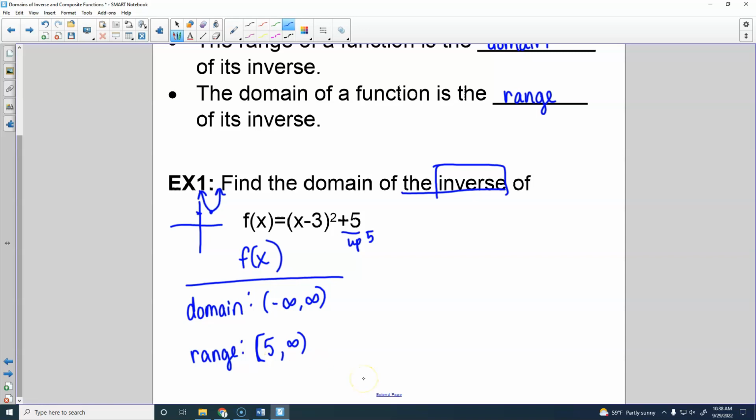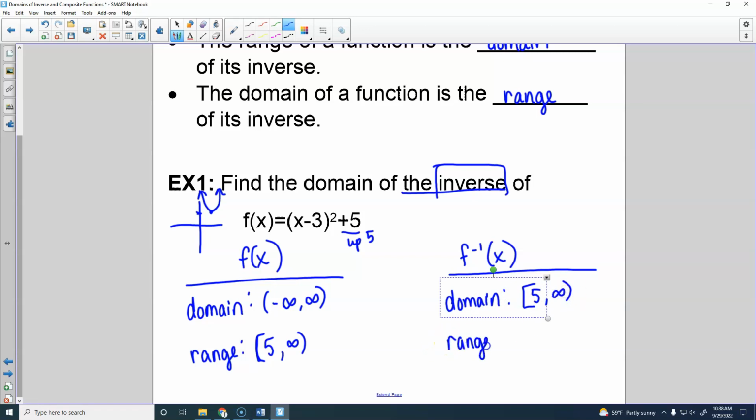Okay? So without even knowing what the inverse is, for f inverse of x, domain is 5 to infinity, and range would be negative infinity to positive infinity.